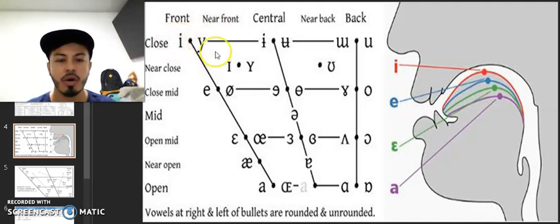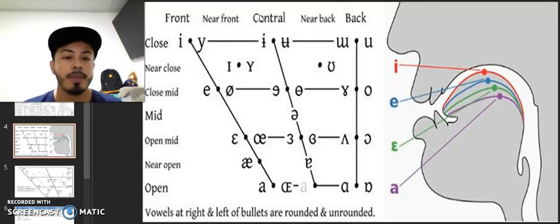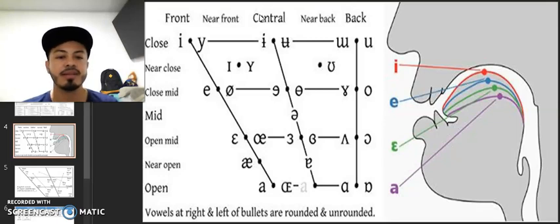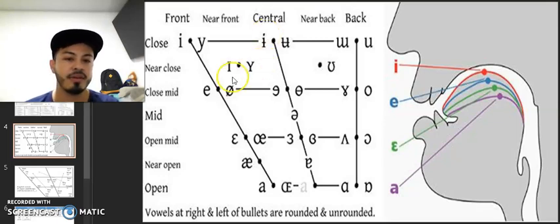It's the same sound, but they put it here because they use it for a word that starts with the letter Y. Some charts I saw use not the letter I or Y but the letter J, but that depends on what system they're using, because some symbols may look the same but they represent different sounds. Like for example this one here, the sound is not the same one as this one.